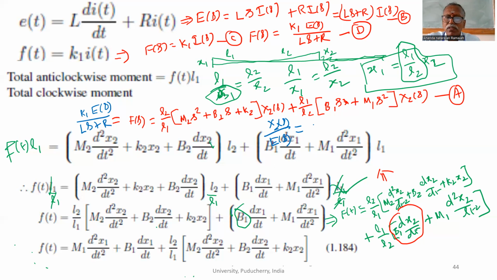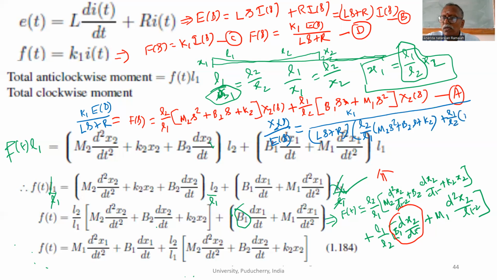This also will come down. Therefore, what you will get is x2 of s upon E of s equal to K1 upon L s plus R, multiplied by L2 upon L1 times m2 s square plus b2 s plus k2, plus L1 upon L2 times b1 s plus m1 s square, whole bracket.